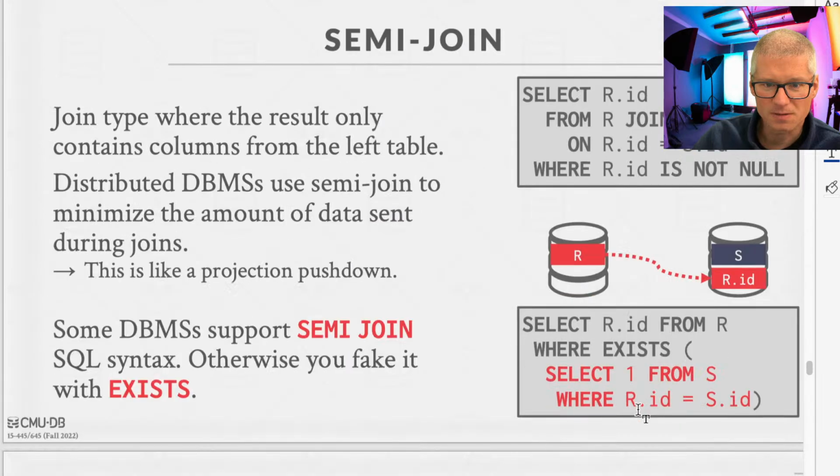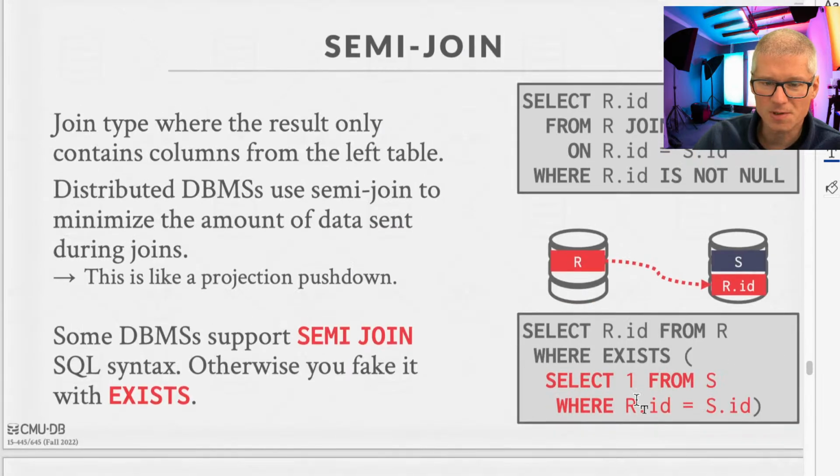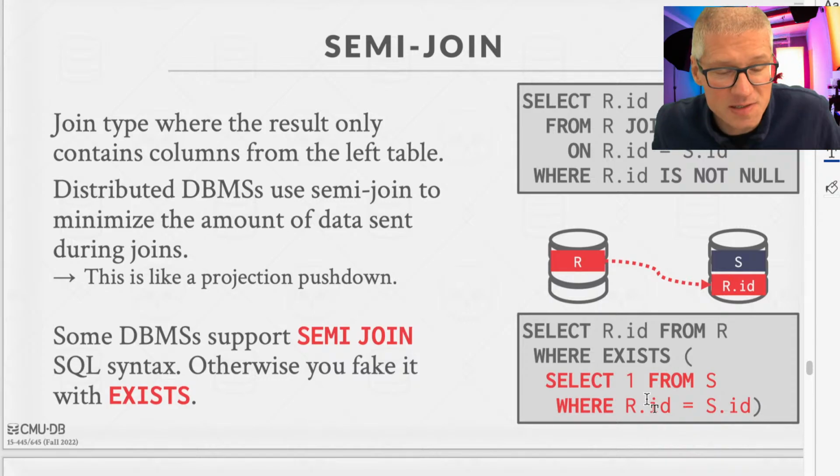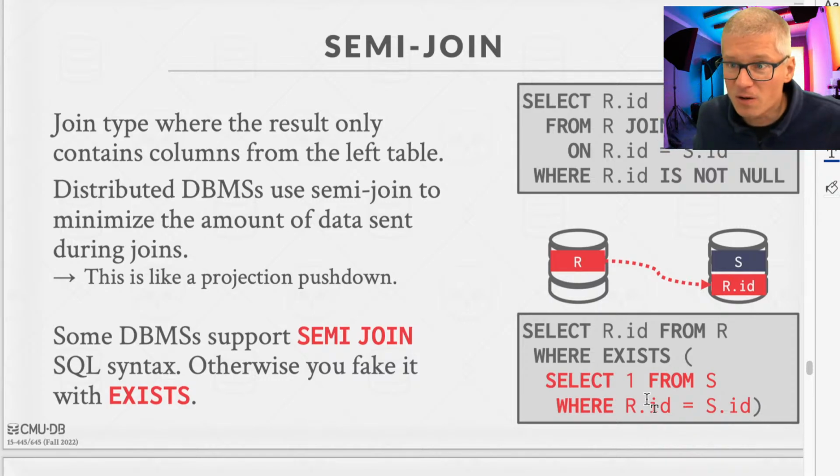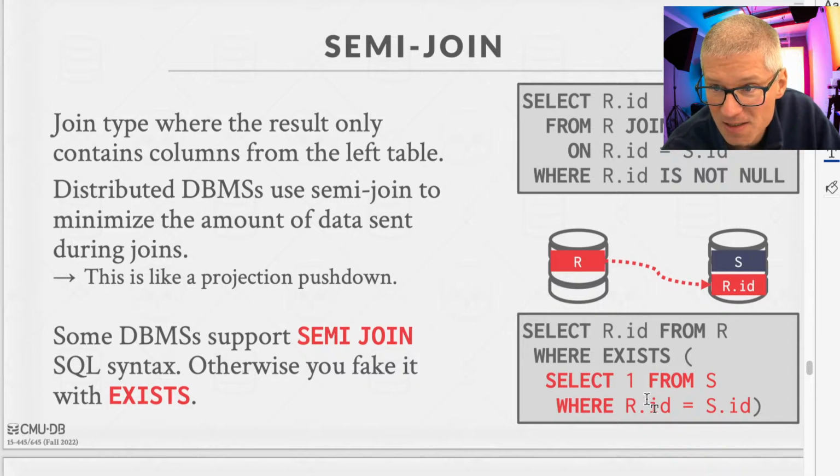Yeah, so he wants to have all the IDs of tuples from R that participate in a join of R and S. In other words, and that's how the semi-join is defined, give me all of these RIDs, actually distinct RIDs, that participate in a join with S.